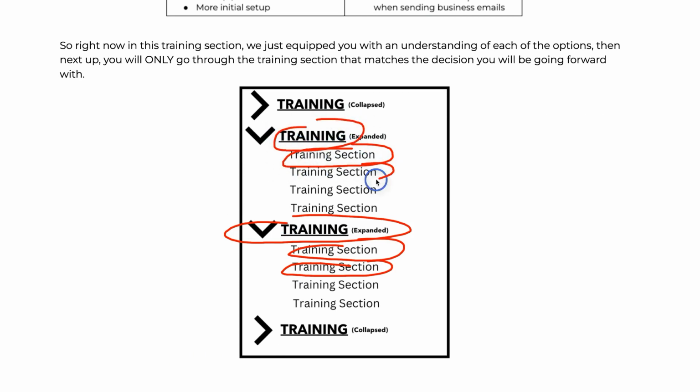Right after this is going to be another training section that's going to walk you through either option 1 or option 2, depending on what it is that you're going to be following. So just make sure that you only go through the training section that matches the decision that you have made inside of this training section. You do not do both of them. I hope that is crystal clear, okay?